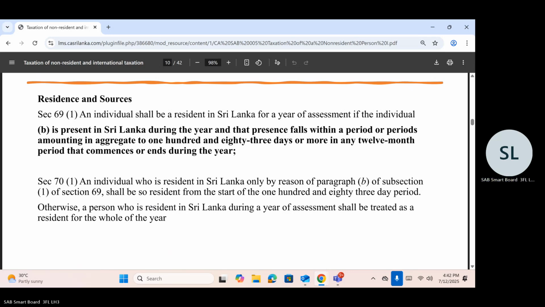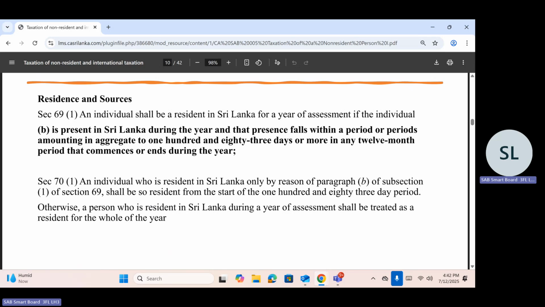Now our year of assessment starts from 1st April 2024 and ends with 31st March 2025. That is the year of assessment. The definition of year of assessment is a 12-month period commencing from 1st April and ending with 31st March of the subsequent year.